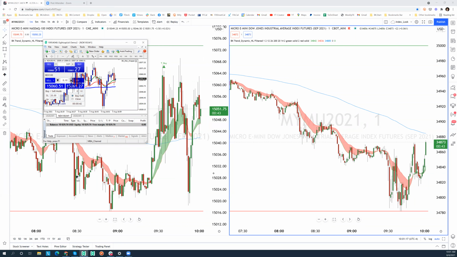Well, it looks like the Dow made the lows for the morning. We'll see how it's trading for the rest of the time. But now it's on its way to trying to recover the upside trend.